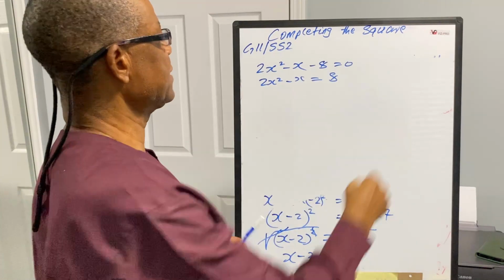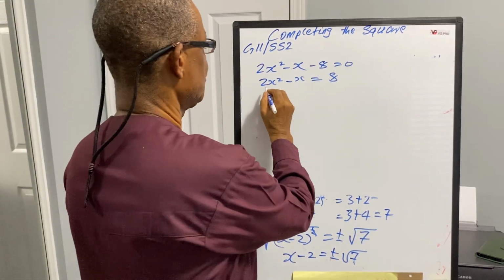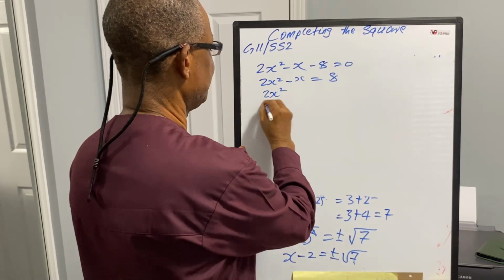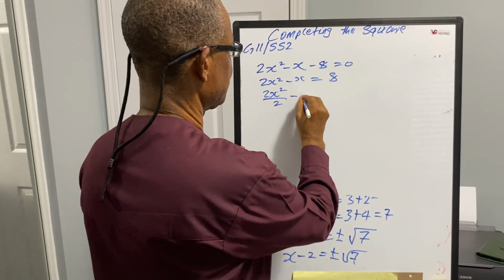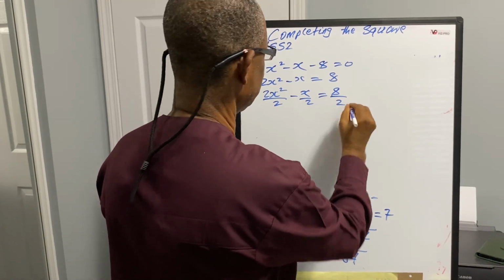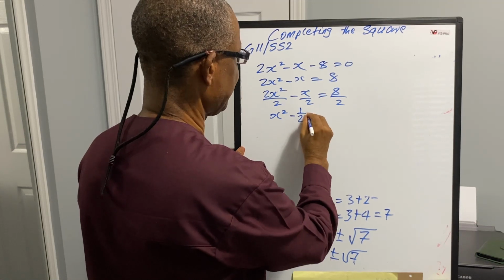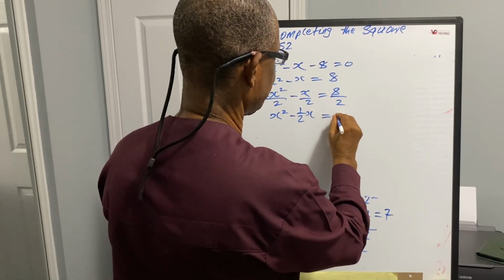We divide each item by the coefficient of the second degree, which is 2. So 2x squared divided by 2 minus x divided by 2 equals 8 divided by 2, giving us x squared minus half x equals 4.